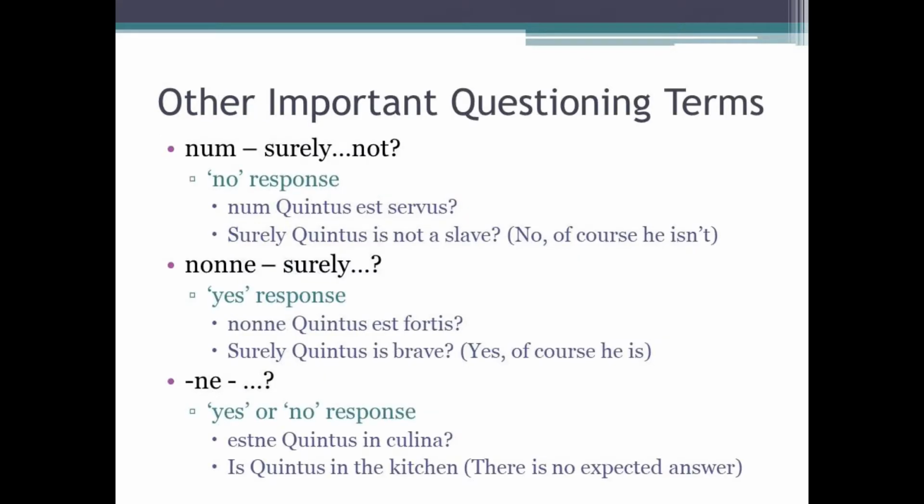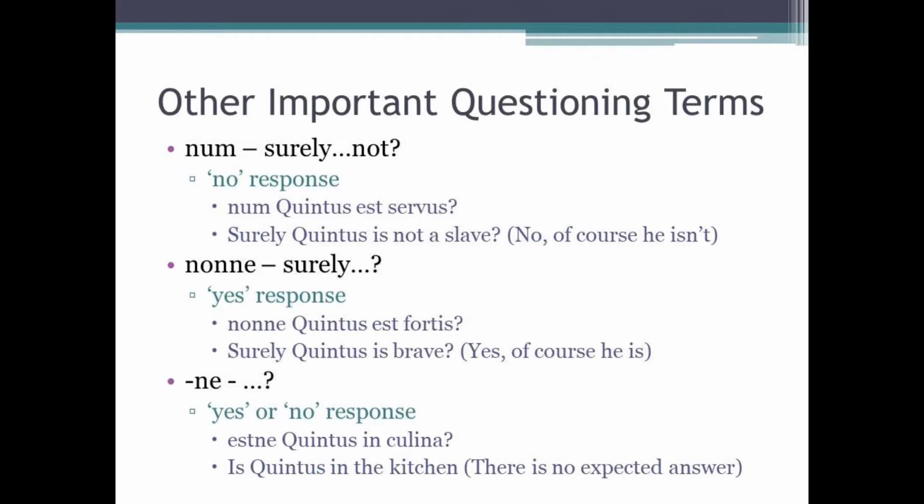Now let's take a look at a few more important question words. The word num indicates a question that expects a no answer and is translated with the words surely not. So in this example, num Quintus est servus, this means surely Quintus is not a slave, and of course he isn't.